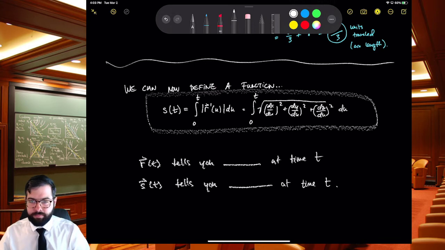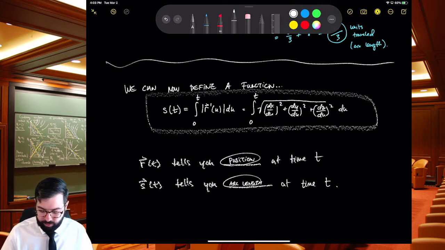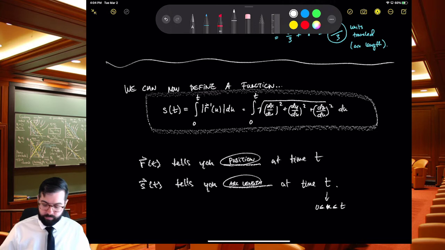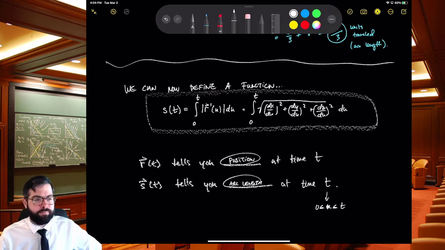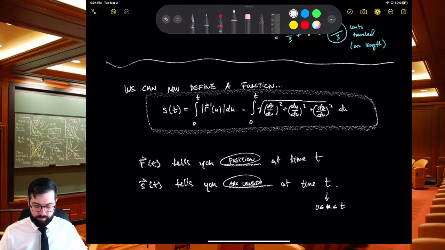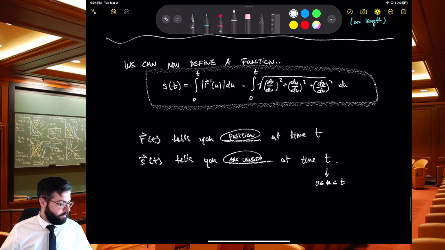Your position, right? Yeah, the position. And s of t will give you the arc length at time t, or you can really think of this as how far you've traveled between 0 and t. So starting at t equals 0 up to time t, how far you've gone. Okay, awesome.